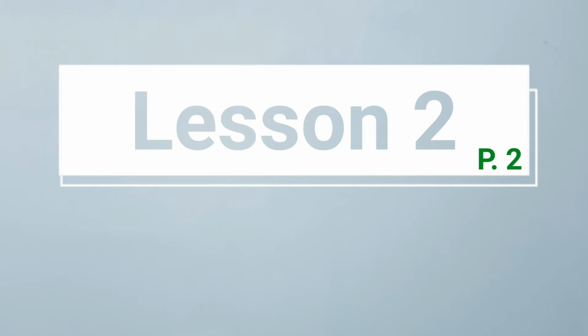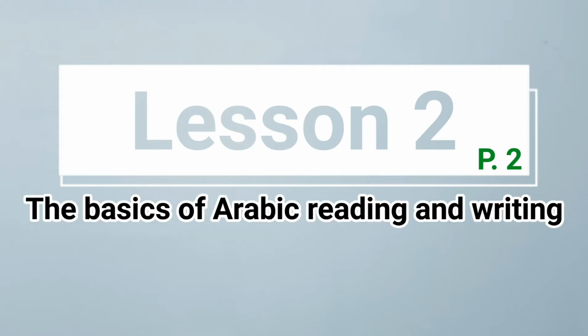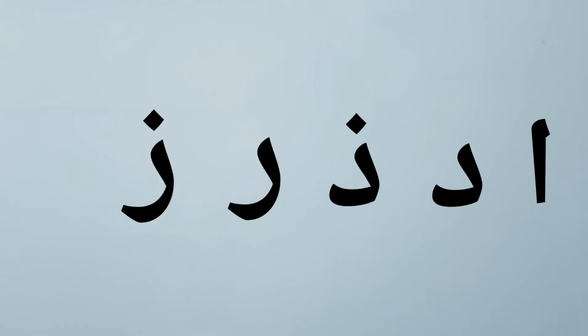This is lesson 2 of phase 2 in the series, The Basics of Arabic Reading and Writing. Last lesson we spoke about 6 unique letters in terms of joining. These 6 letters were Alif, Dal, Dhal, Ra, Zai, and Waw.